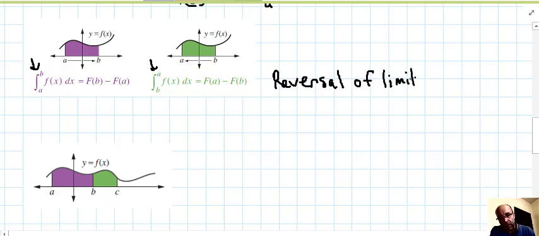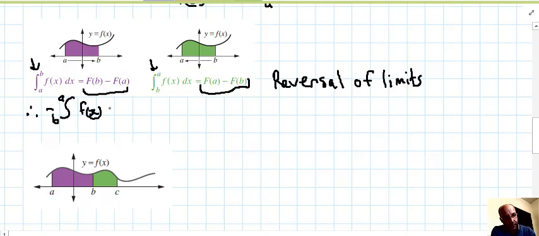You can tell what's going to happen here, because you get that calculation occurring, and so that will mean the negative of the green one. So what I'm doing, this is the green one I'm rewriting, will equal the negative of the purple one, which is what I'm writing now.